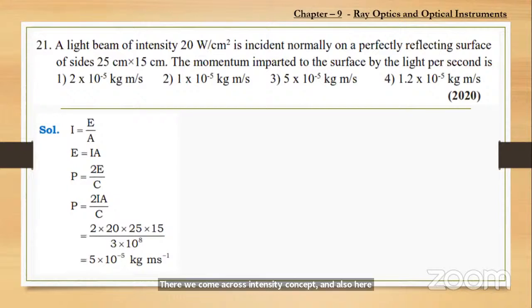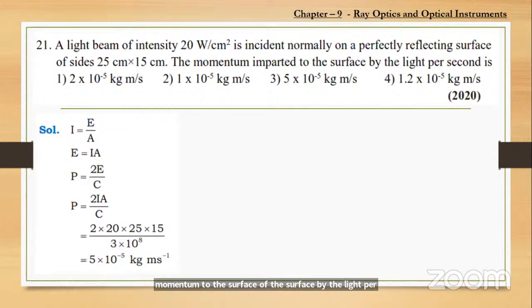The intensity of the beam of light is 20 Webers per centimeter square, incident normally on a perfectly reflecting surface of side 25 centimeter into 15 centimeter. That means the area is given. They ask to find the momentum imparted to the surface by the light per second.